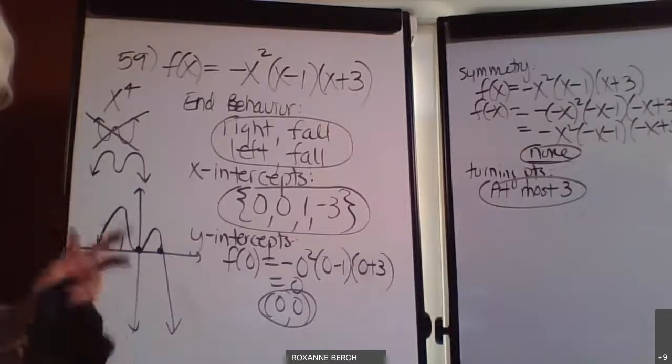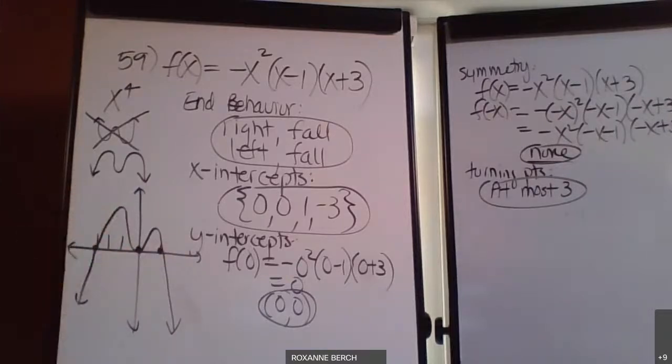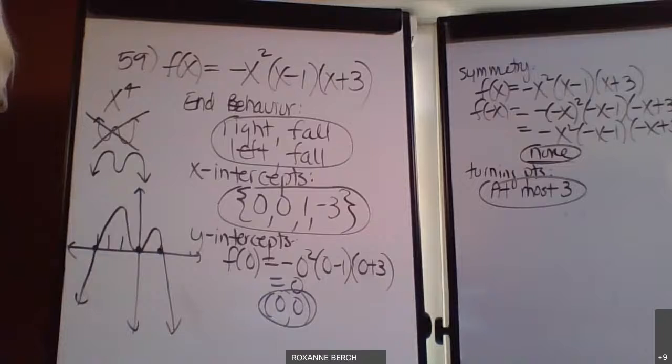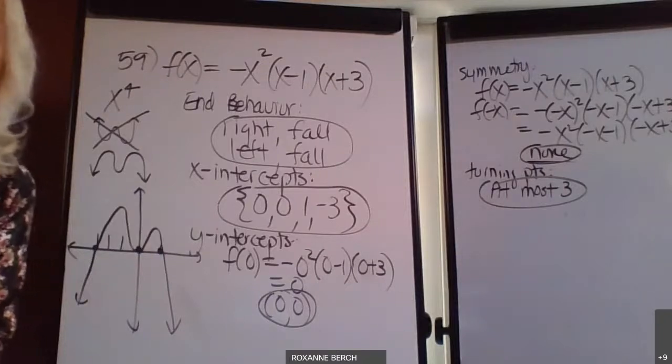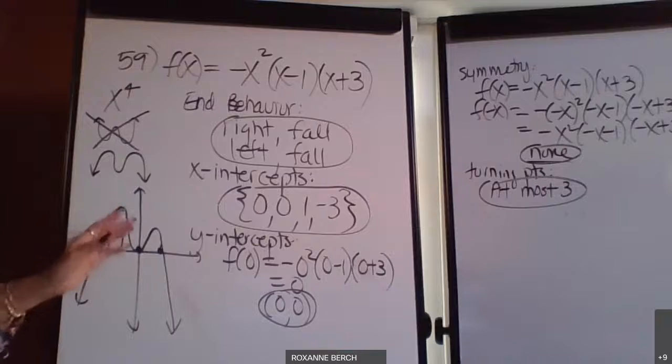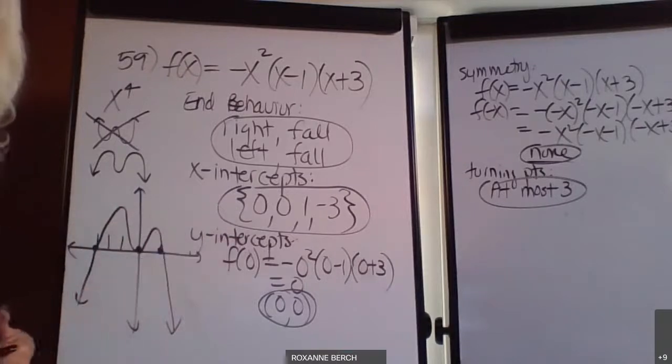So we have a high level of confidence that this is it. This is a good sketch. And like I said, we don't know how high these hills are, but this is close. If they want us to get a really exact graph, we can make a table and put in -1 and 2. We could make a table and find these values.